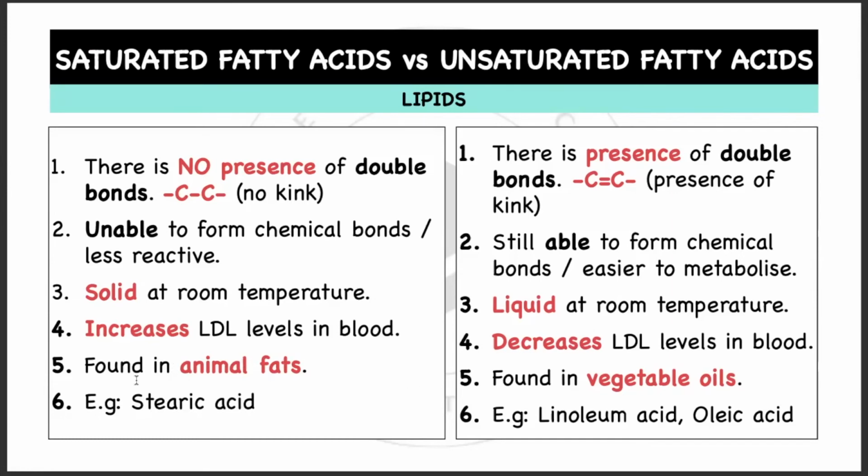And an example for saturated fatty acid, it's stearic acid, and examples for unsaturated fatty acid would be linoleic acid and oleic acid. So remember, saturated fatty acids found in animal fats, basically the bad fats, no double bonds. Unsaturated fatty acid found in vegetable oils, decreases the LDL levels, and there are double bonds.